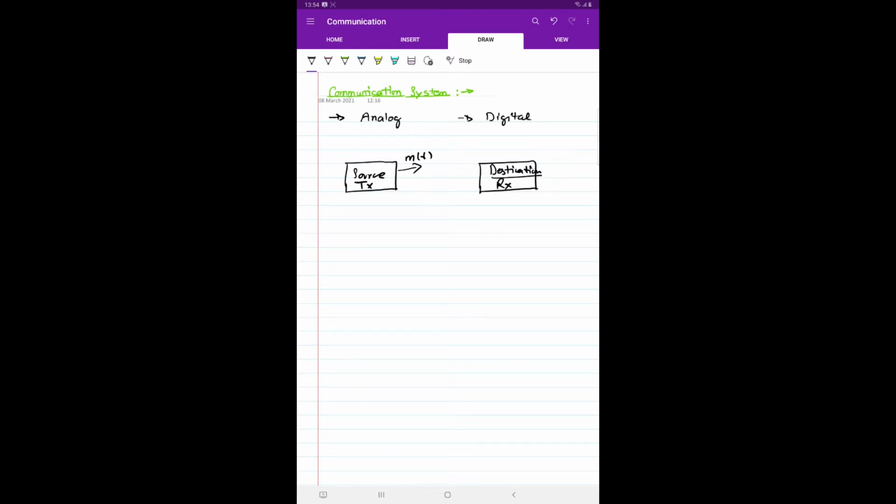So first, the message which we want to transmit from source to destinations, we have to perform some operation on that so that it can travel the distance between the source and destinations, or we call it a channel.